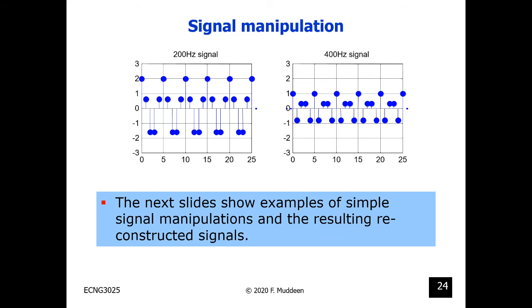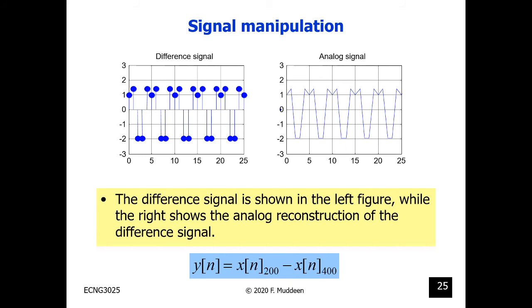Now if we take the two sampled signals, the 200 Hz and the 400 Hz, and we take the difference and reconstruct it, what we observe is that when we reconstruct from the discretized time version to the analog time version, it tends to be very linear. There are other methods where you can get nice curves, but for the purpose of this course we will be looking at linear behavior, not non-linear behavior.